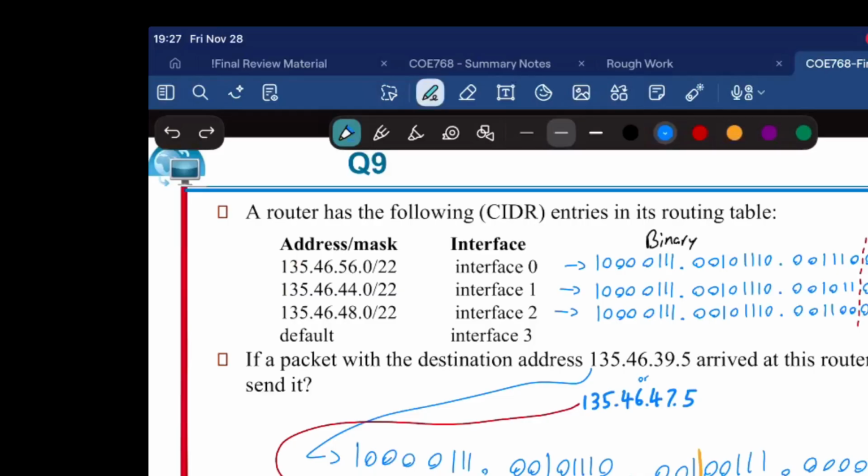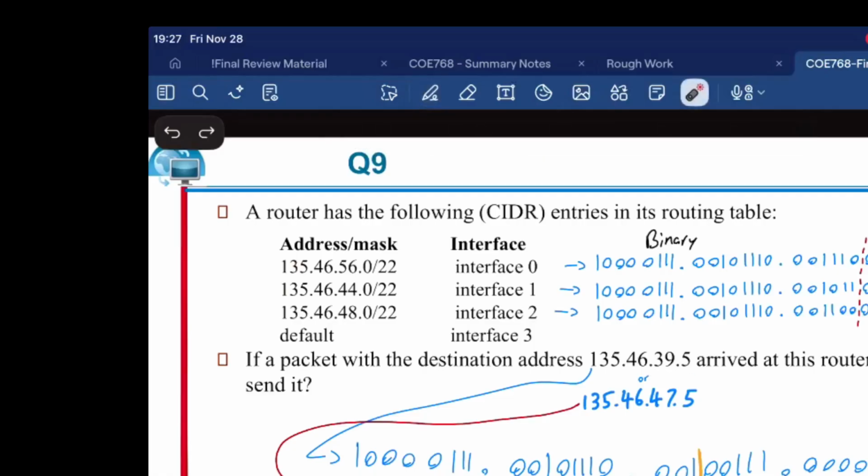Actually, sorry, let me backtrack. My bad. The reason why 39.5 isn't going to communicate with any of the addresses here is because the last two octets that we have, 39 and 5, are less than what we have provided in this question.